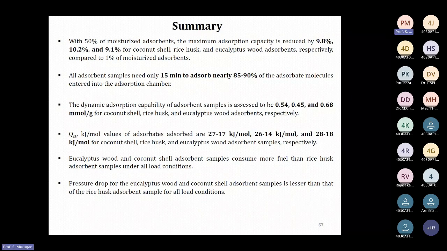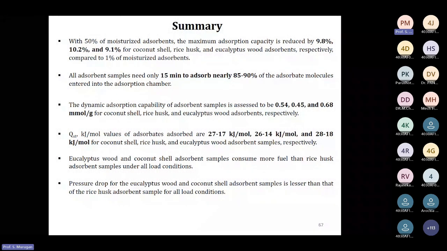So as a summary, with 50 percent moisturized adsorbent, the maximum adsorption capacity is reduced by 9.8 percent, 10.2 percent, and 9.1 percent for coconut shell, rice husk, and eucalyptus wood activated carbon respectively, compared to 1 percent moisture present in the activated carbon.